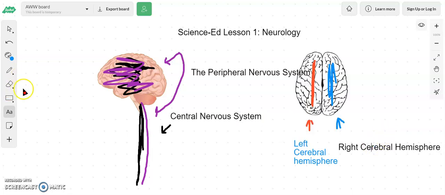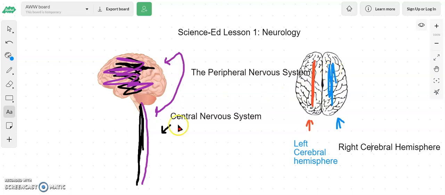Okay? So the left side of the brain is responsible for the control of the right side of the body and is the more academic and logical side. The right side of the brain is responsible for the left side of the body and is more artistic and the creative side of the brain.